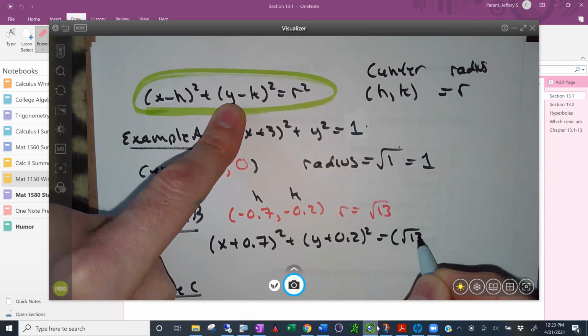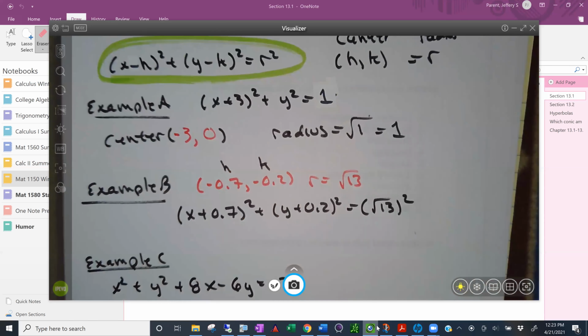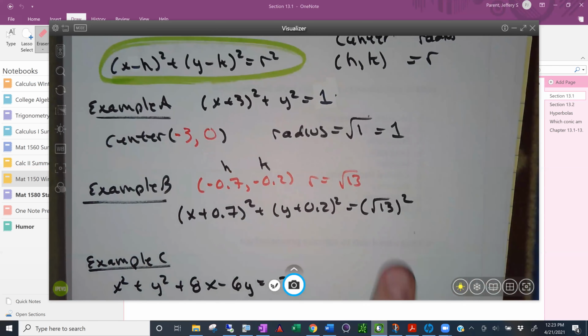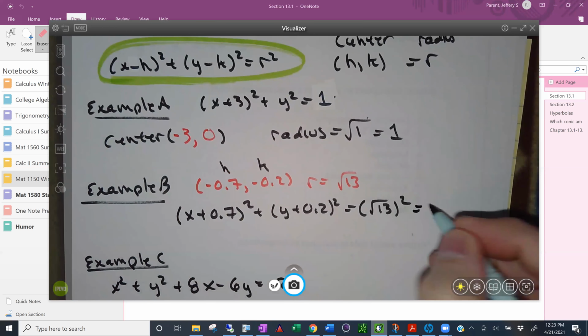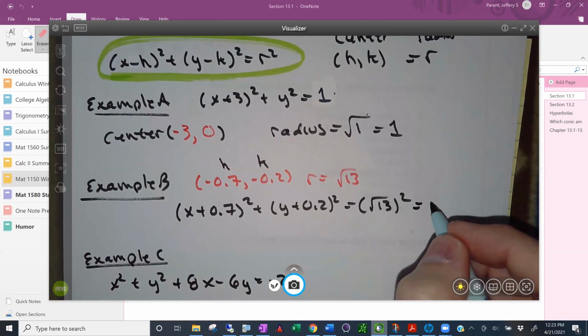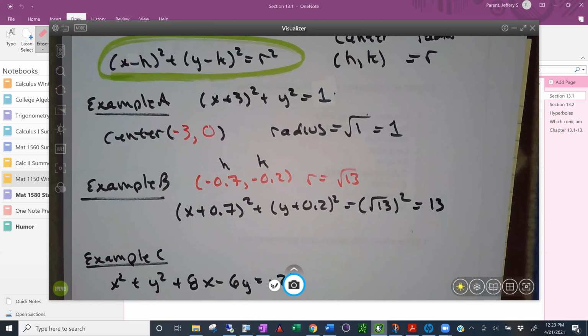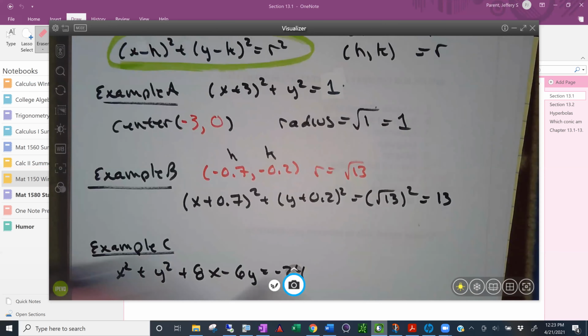And I'd probably be happiest if you simplified the right-hand side. What's the right-hand side simplified to? Can anyone tell me what you get when you square the square root of 13? 13. Thank you, 13. Beautiful. And that's it. There's your equation. So hopefully a couple quick and easy points. Wait a minute, that was easy.